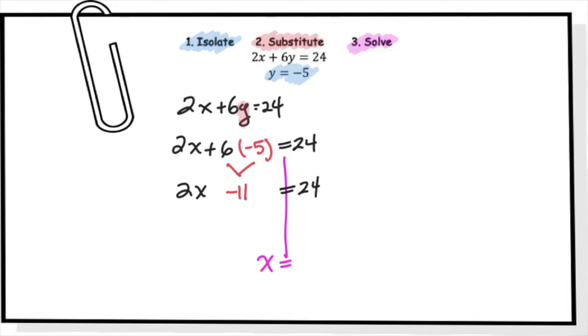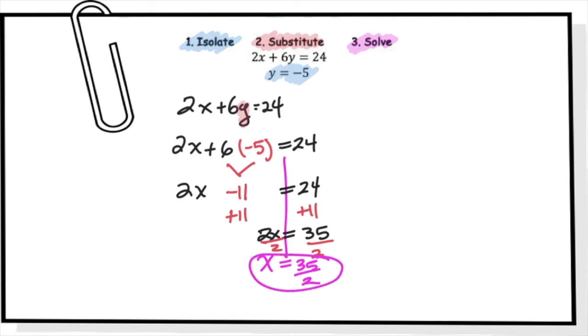Now I need to cancel my -30 with a +30, and then 2x equals 54. And then at last, we're going to cancel the 2, divide by 2, divide by 2. So this is going to be 54 over 2.